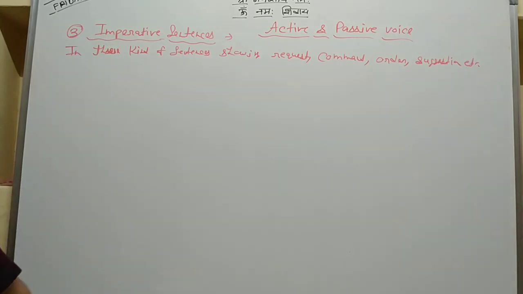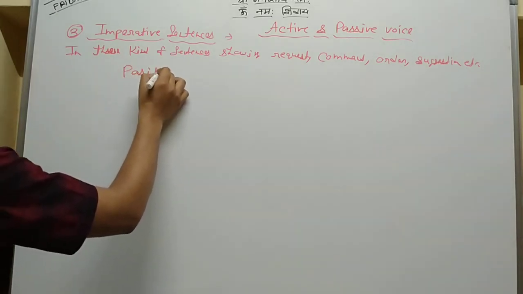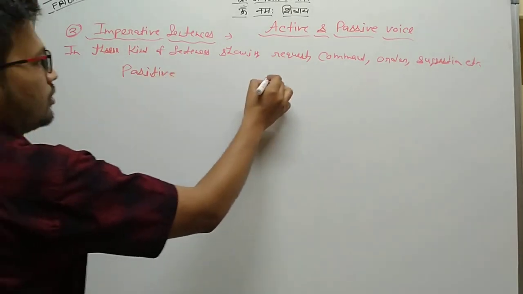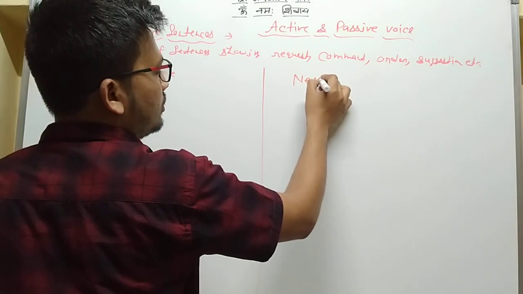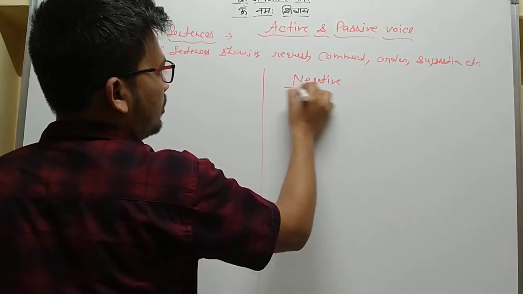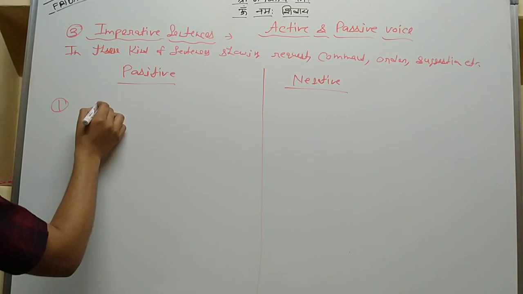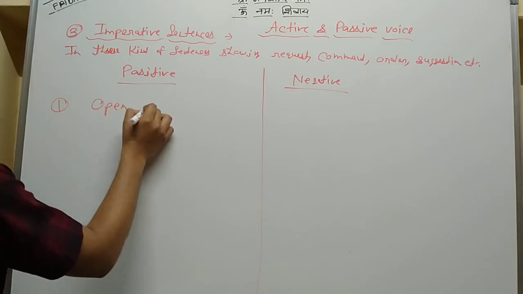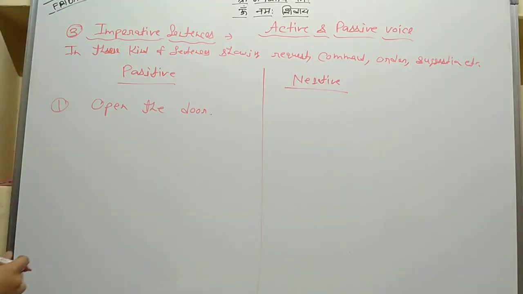There are two kinds of sentences, mainly positive and negative. In positive, let's suppose, open the door. First.